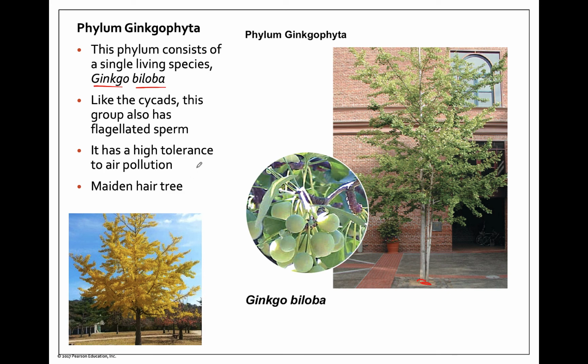We typically only plant the male tree, and they turn really pretty yellow in the fall. These are the female ovulate cones, and when they drop to the ground, they stink really badly. So in urbanization efforts, when people are trying to make an urban area really pretty with this tree, they'll often try to plant only a male tree rather than female, because the female ovulate cones are very smelly.